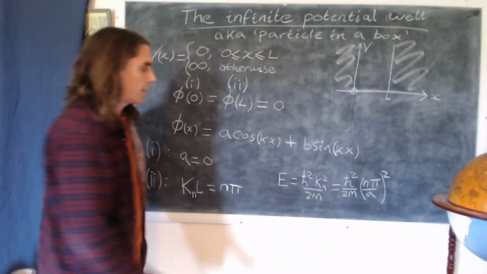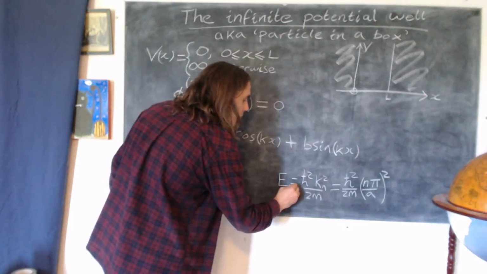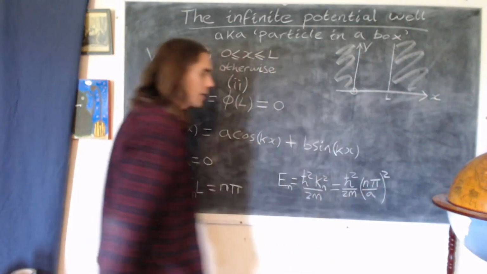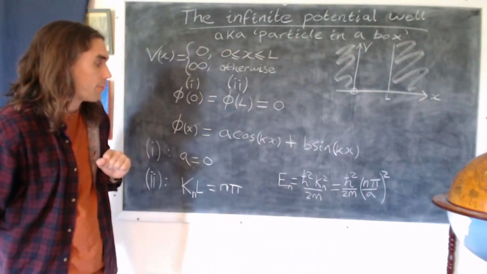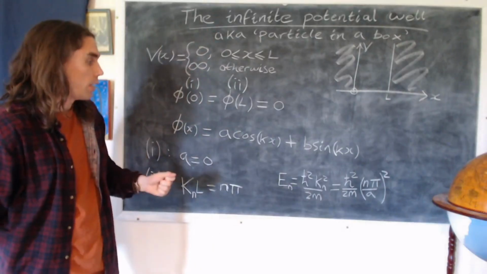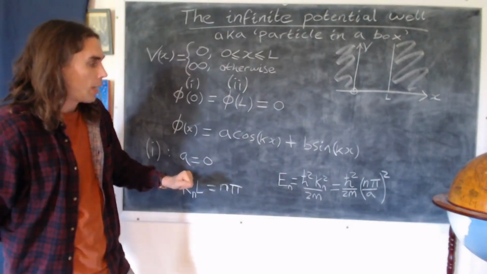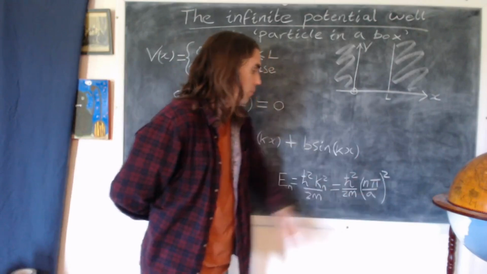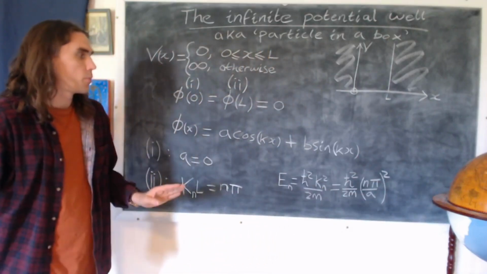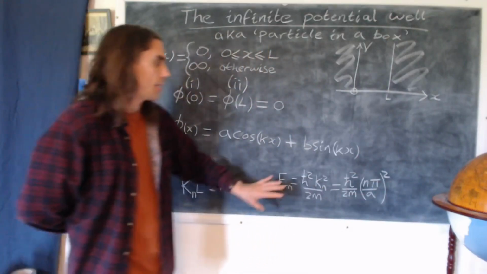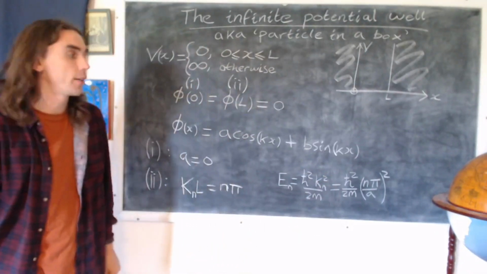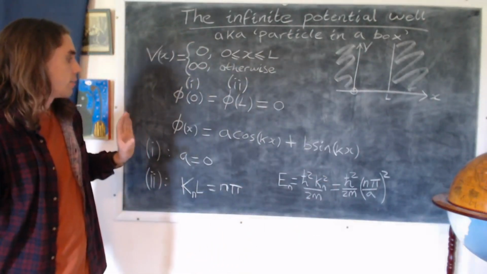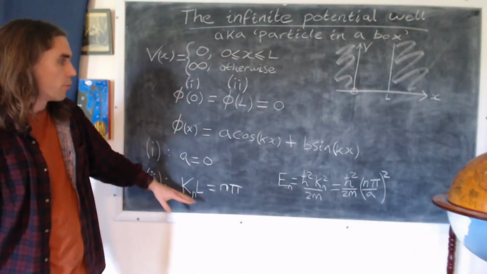And let's label the energies by that integer n as well. So we have an infinite tower of different energy eigenstates which solve the Schrodinger equation in the well, given by this expression here. For each, there's a corresponding eigenfunction, so these are the energy eigenvalues that solve the time-independent Schrodinger equation, and our energy eigenfunctions we've solved for here.